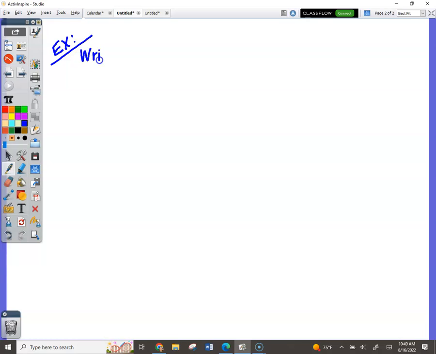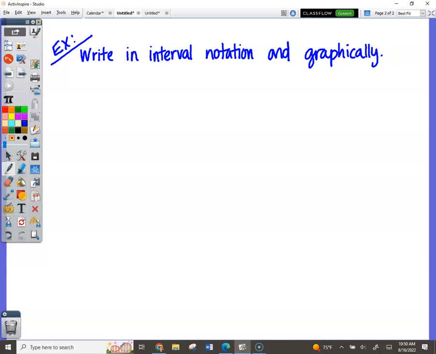Here's your directions. So I'm going to create the same chart that we just came off of, and I'm going to fill in either the set notation, the interval, or the graph, and you have to fill in the others.